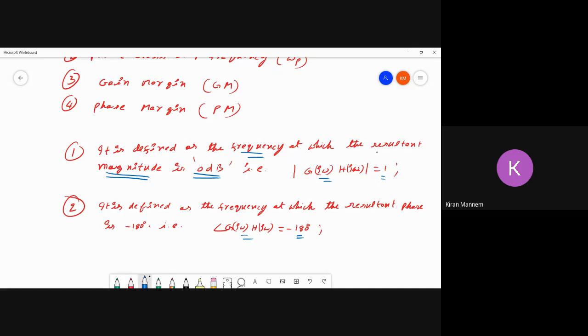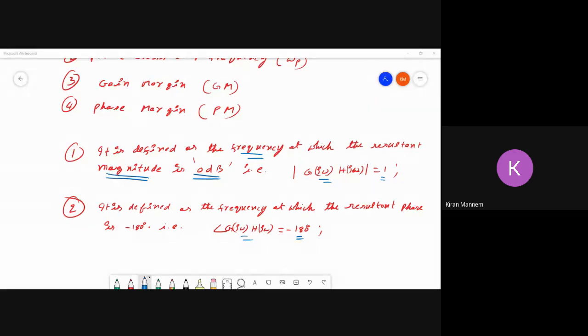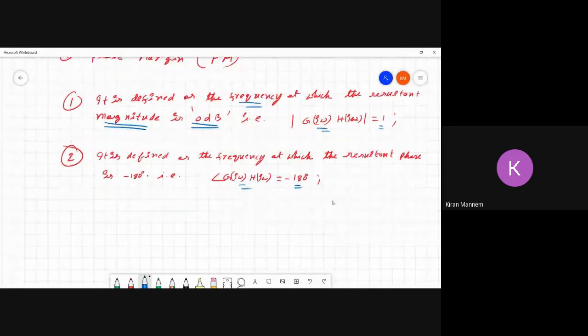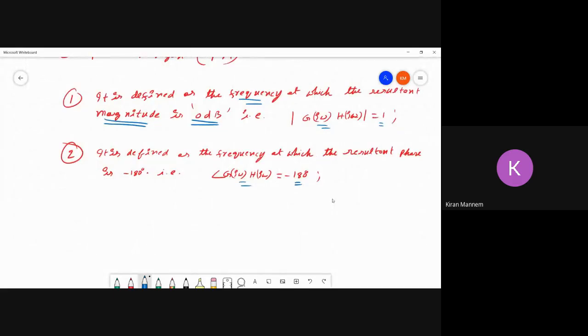Third one, gain margin. I'll simply write it here to understand this.